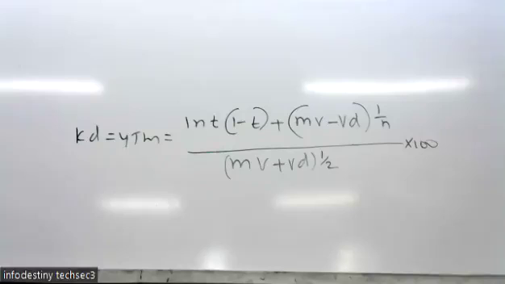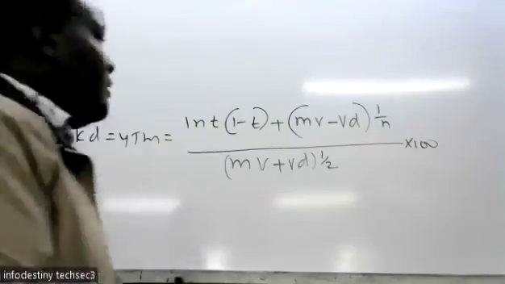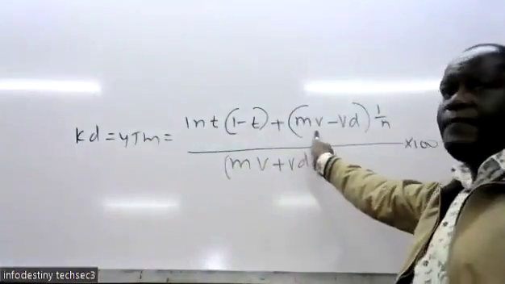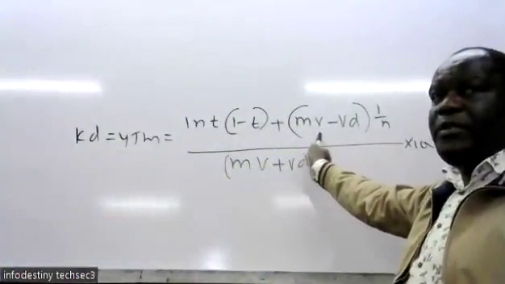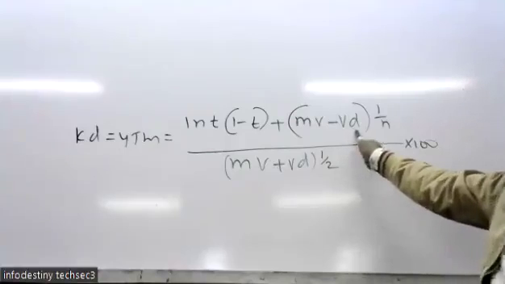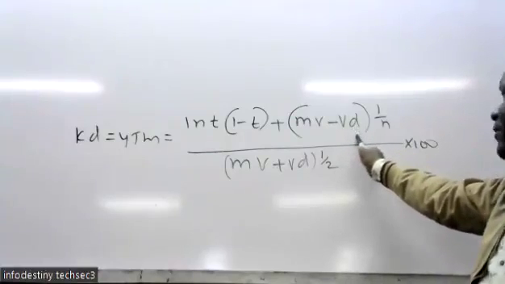So KD or yield to maturity will be equal to interest in the brackets of 1 minus the tax rate. Then we add, so this one is the maturity value, and this one was the current value.